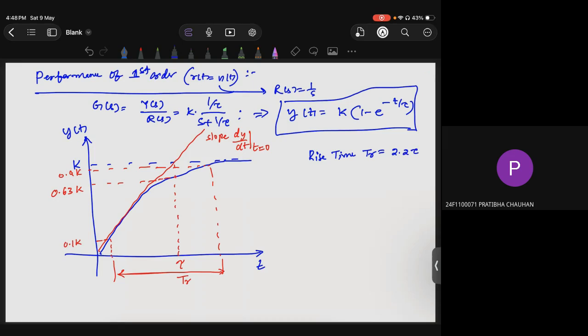If you do the calculations from 0.1 k to 0.9 k, you get rise time as 2.2 tau.